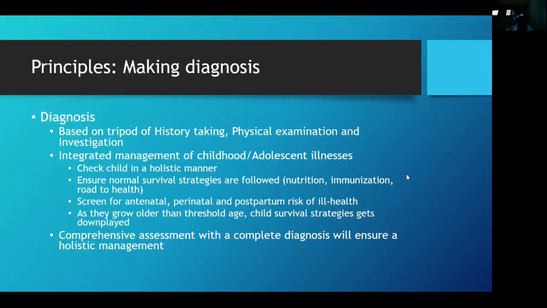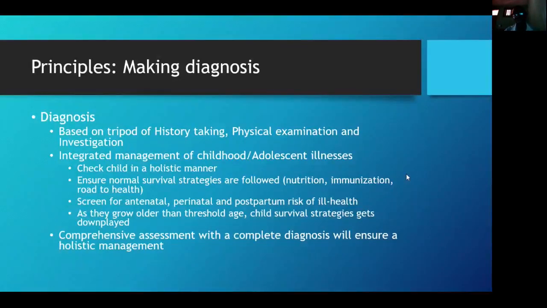We also want to look at antenatal, perinatal, and postpartum period to look at those things that can be a risk for their health. And generally speaking, as children grow older, we tend to downplay those other aspects.